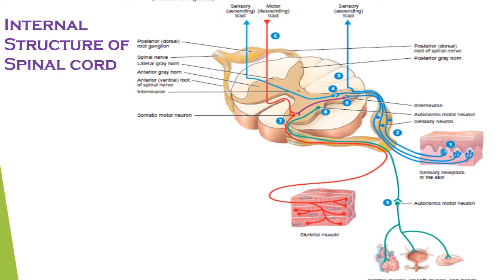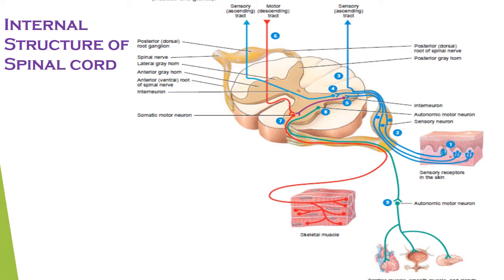The motor neuron will leave the spinal cord from the ventral side, enter the ventral root, and from the ventral root it will come outside the spinal cord and go to the effector muscle.